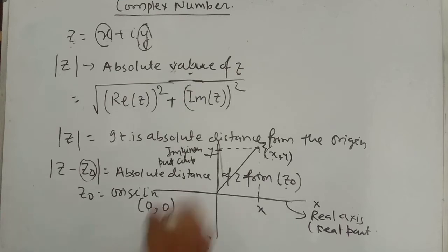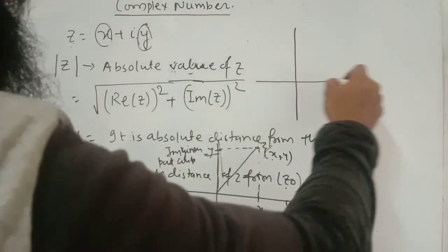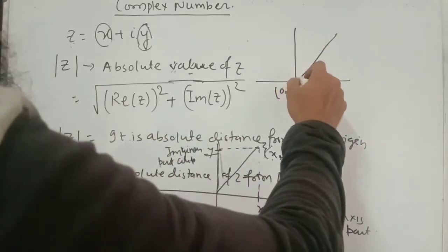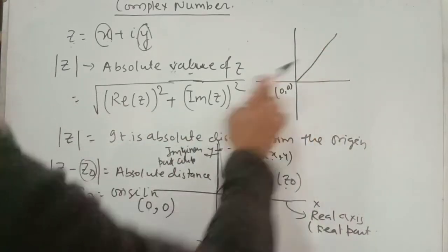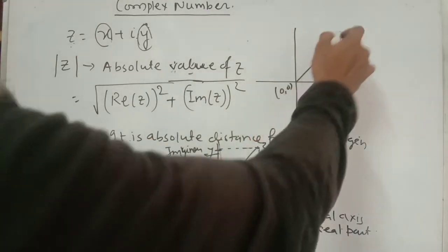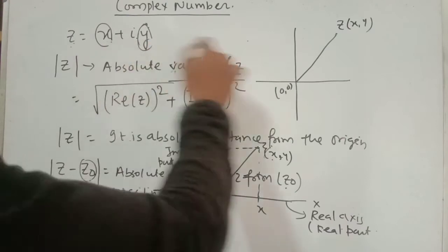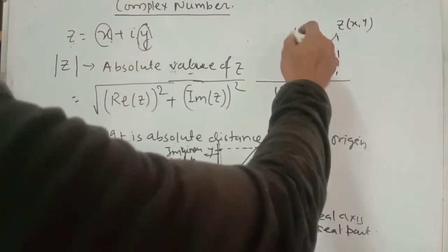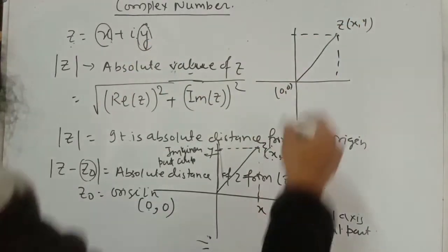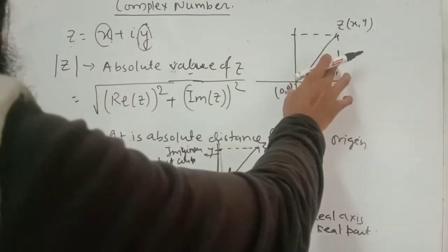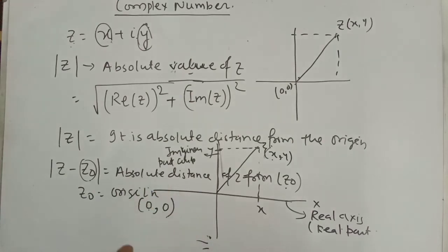How can you find the absolute distance of z from the origin? If you consider z0 as the origin and z as (x, y), we use the distance formula. This is called the absolute distance of z from the origin.